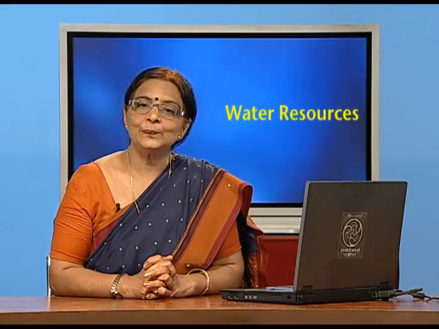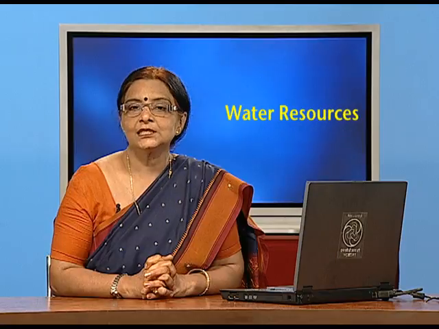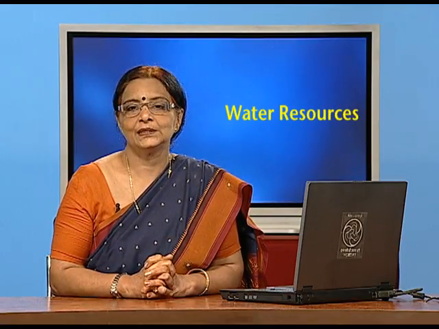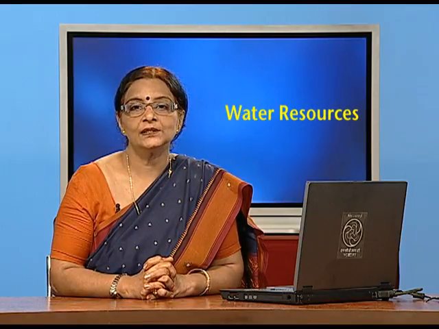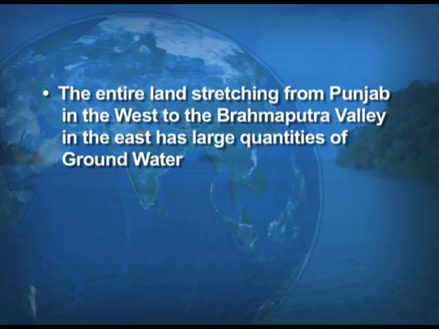So, since the northern plains are made up of soft rocks, the percolation of water is much more in the northern plains in comparison to the southern plateau, which is made up of hard rocks. The entire land stretching from Punjab in the west to the Brahmaputra valley towards the east. So, that means, children, this is a long stretch of the northern plains which are there in the country and are made up of the soft rocks called the sedimentary rocks.